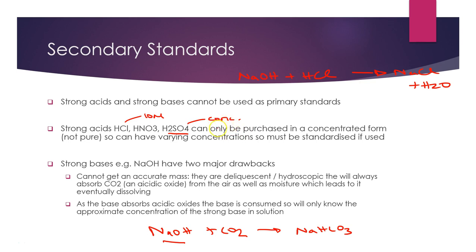So again, they're not suitable to be used as primary standards. This means that before we use them in an analysis, we would have to standardize them, i.e. find their true concentration by reacting them with another primary standard.